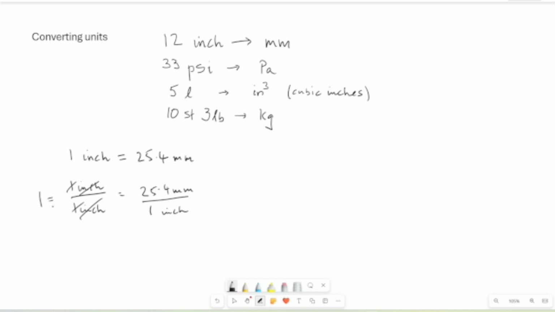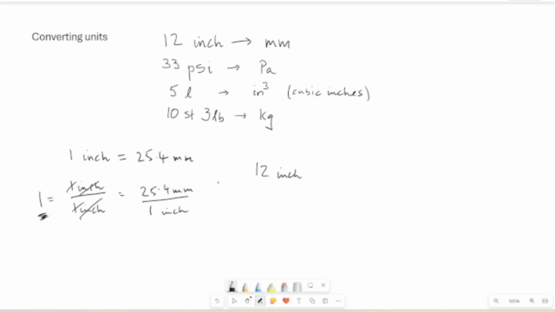So 1 without any unit is equal to 25.4 millimeters over 1 inch. And now we look at our problem that we have to work out, which is 12 inches converted into millimeters. I'm going to multiply 12 inches by 1, and that's this one over here.